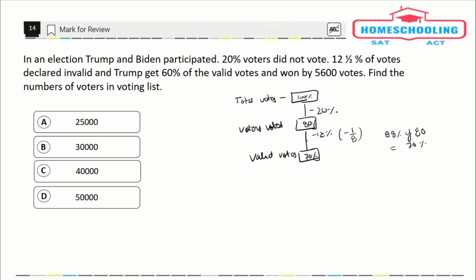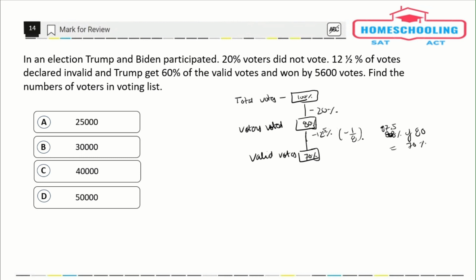So 87.5% of 80 is how much? 70. So the valid votes now here is 70% because 12.5% of votes are invalid.